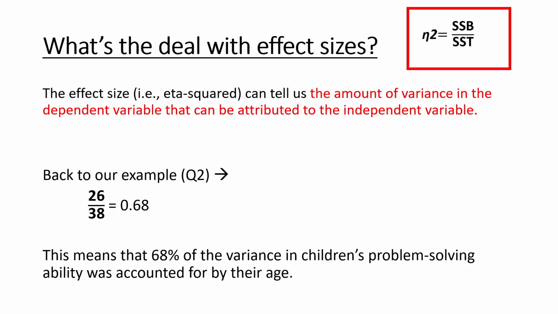We have the values 26 and 38, our sum of squares between and our sum of squares total. So our eta squared is 0.68. That means 68% of the variance in children's problem-solving ability was accounted for by their age. Here's the DV, which is accounted for by the IV, 68%.